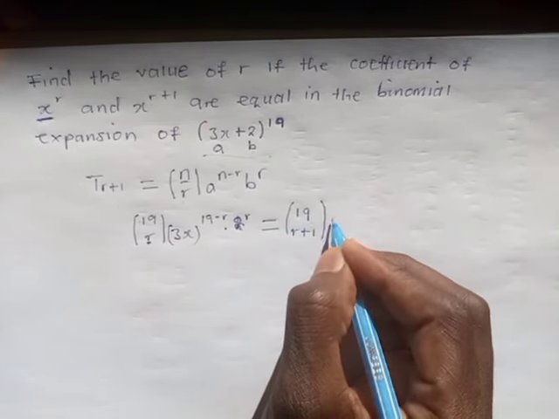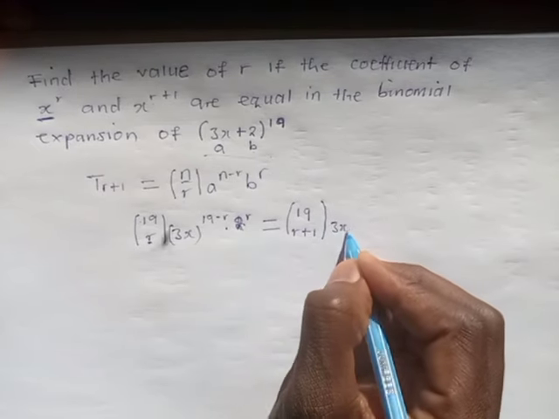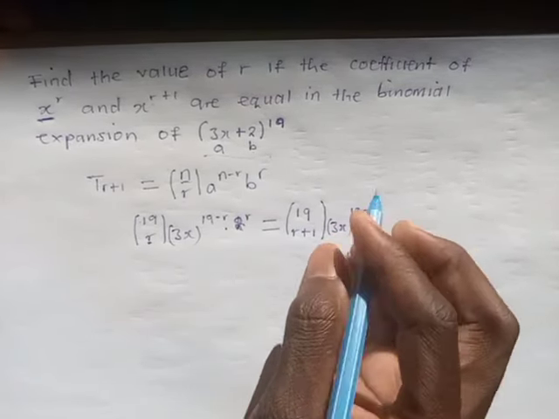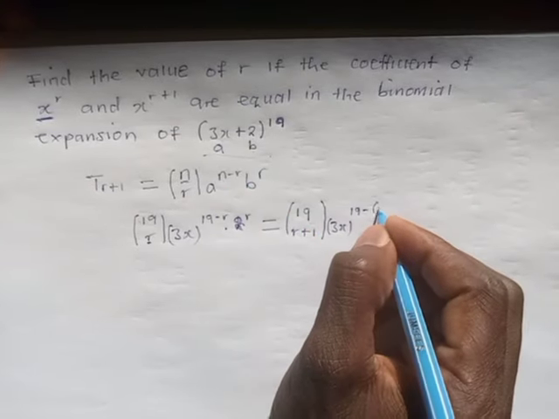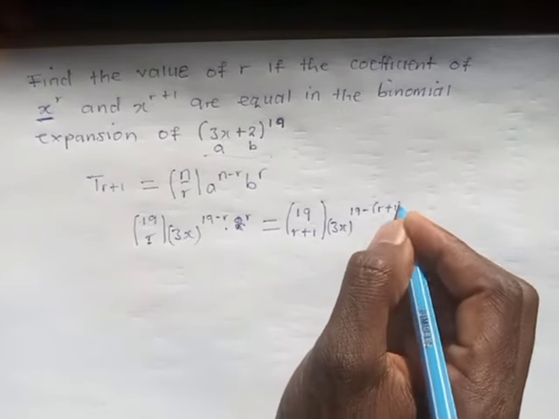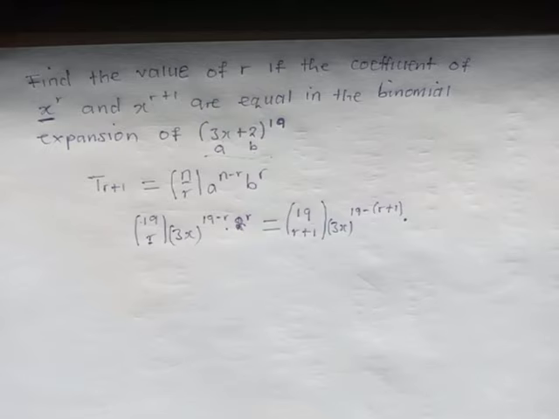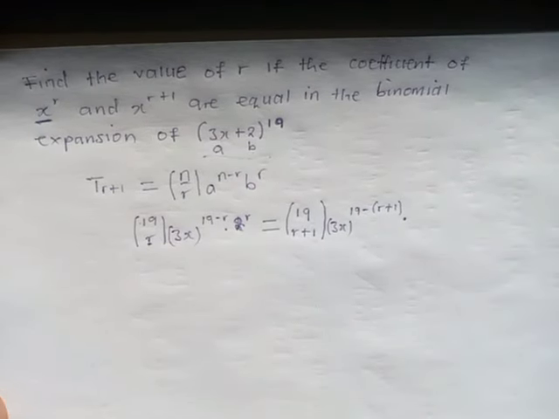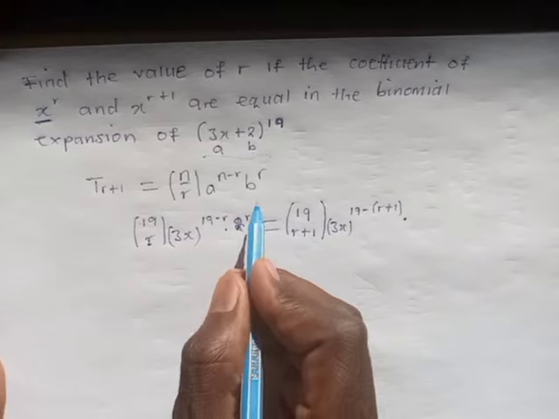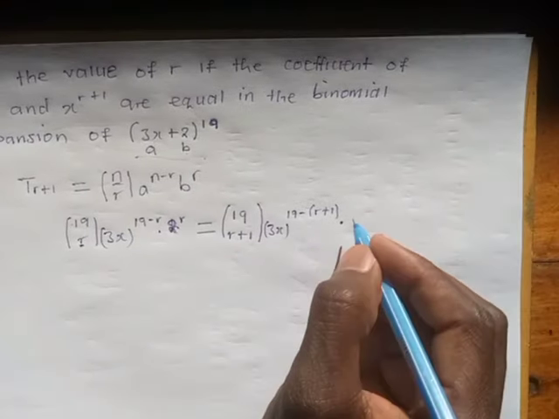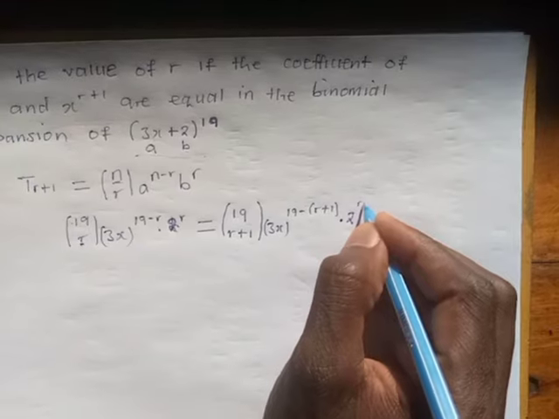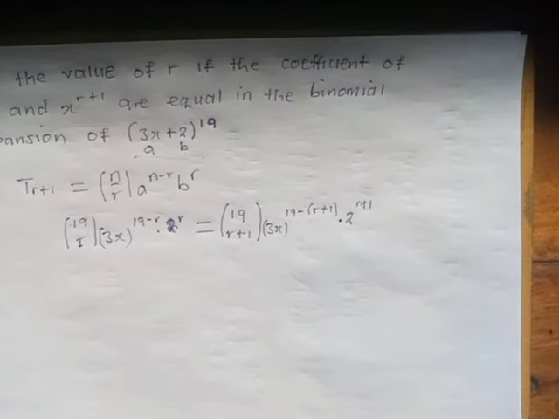I'll close. Then in here I'll say 3x to the power of 19 minus, where there is r, I have to put r plus 1. Multiply this by, where there is b here, I'll just write 2 to the power of r plus 1.